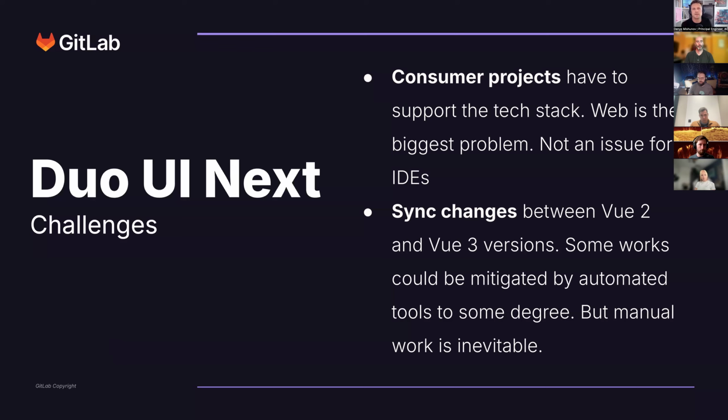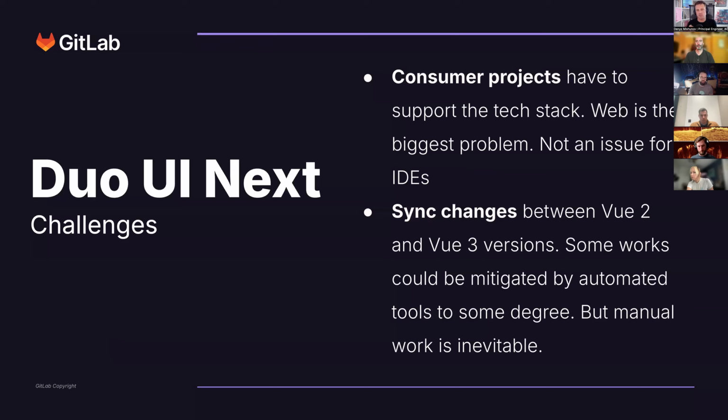In this regard, though, web is the main problem, because for IDEs it's not a big issue. For IDEs, we can build a dedicated Vue 3 TypeScript web view and just use things there, build the Duo Agentic Platform there, and then just switch the routing to that new web view instead of the old Vue 2 based one.